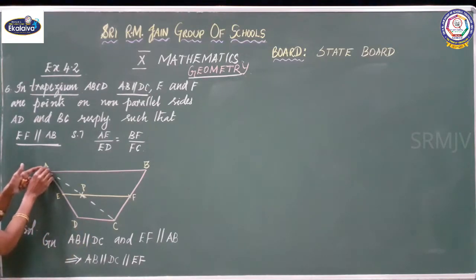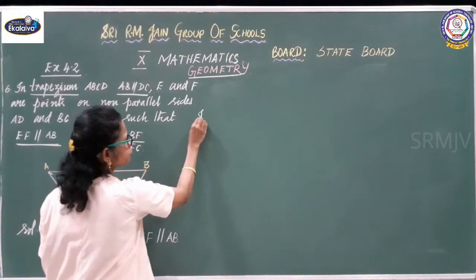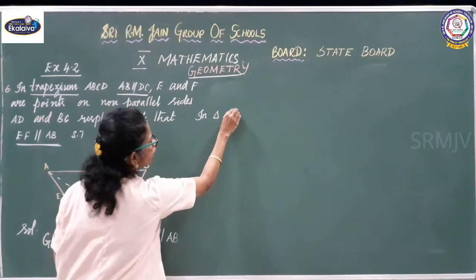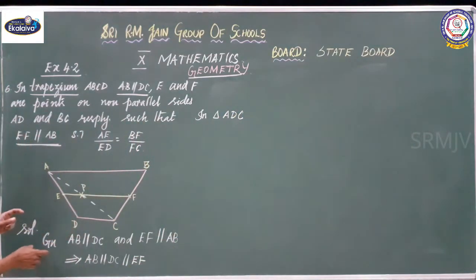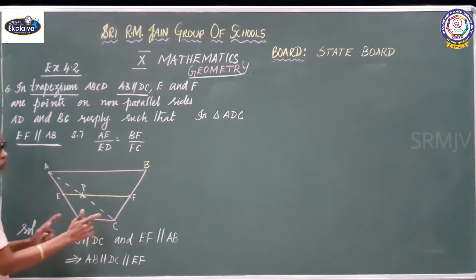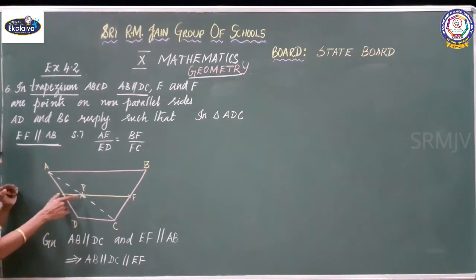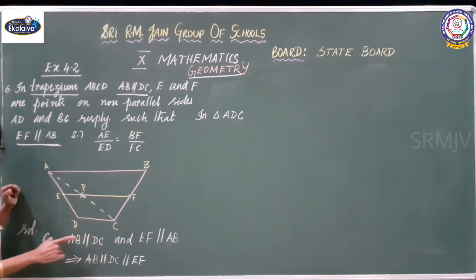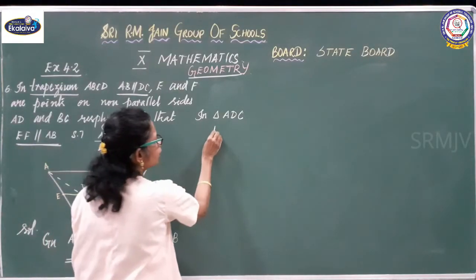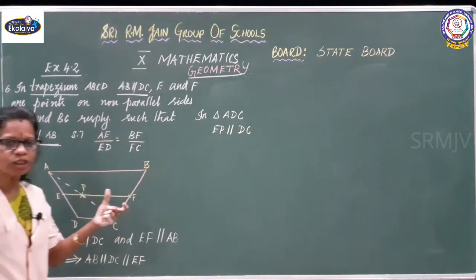Now, in triangle ADC, they given EF is parallel to DC. EF is parallel to DC means, what are the points lying on the line? That means P is on the line EF, right? So EP is also parallel to DC. Why is EP parallel to DC?